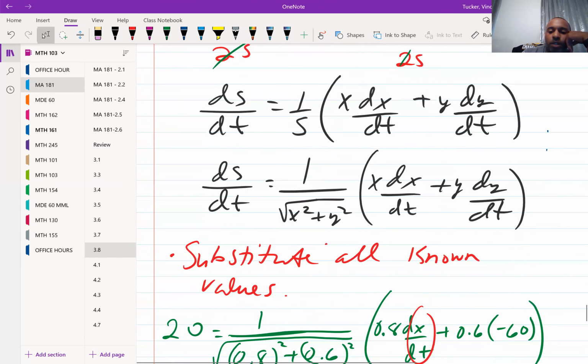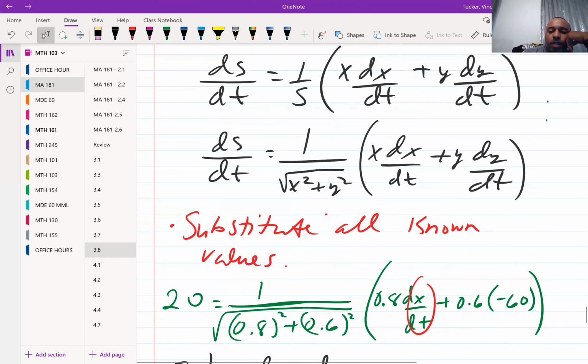And now we can substitute in all values that we know. And then let's go back real quick. Remember what we were looking for was dx/dt. So all the pieces that we're plugging in leave me with just the dx/dt that I don't know.